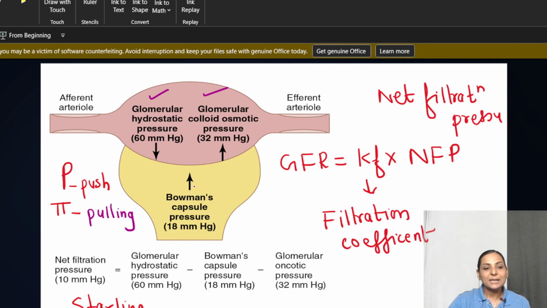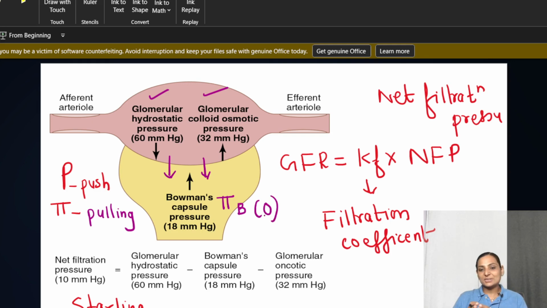Now you know that the proteins are never filtered from the glomerular capillaries into the Bowman space. I told you it is an ultrafiltrate and there is a barrier of the filtration membrane, so the proteins are never filtered. So actually this pi, that is the colloid osmotic pressure of the Bowman's capsule, is 0.